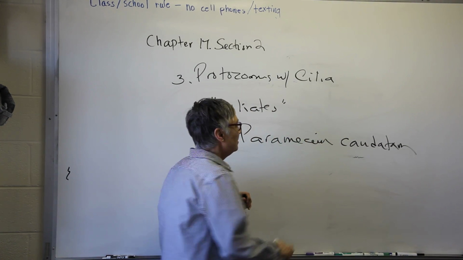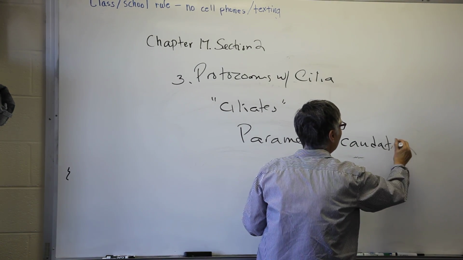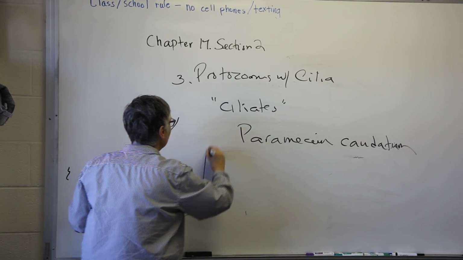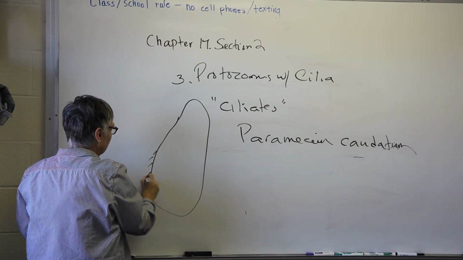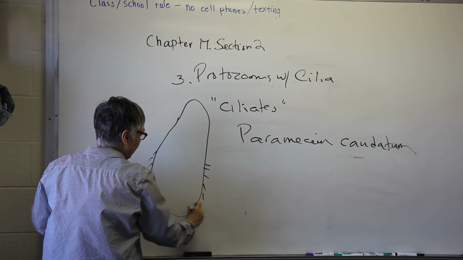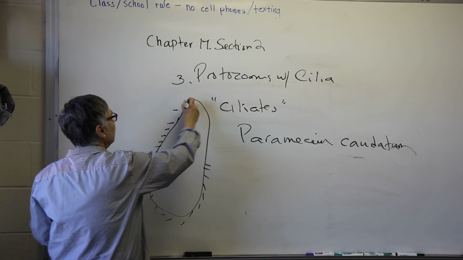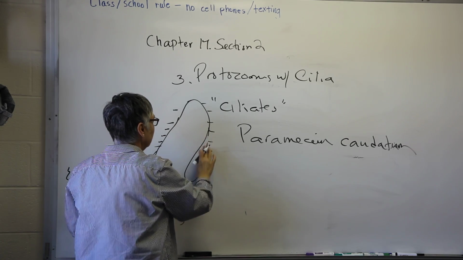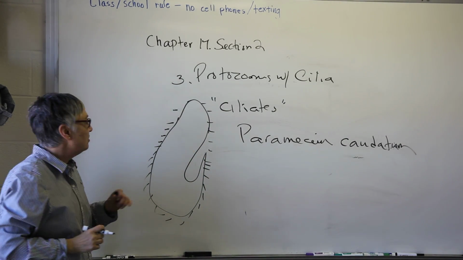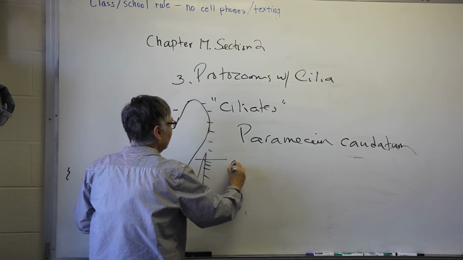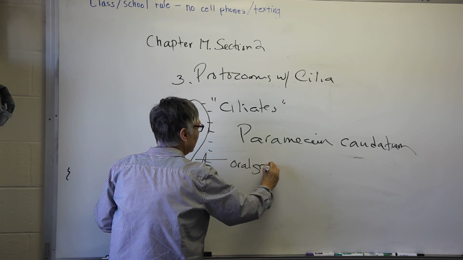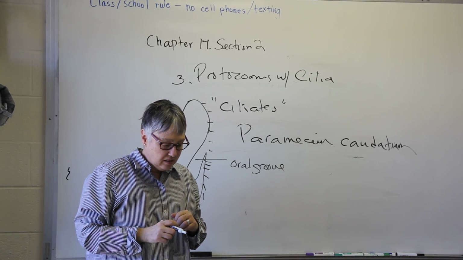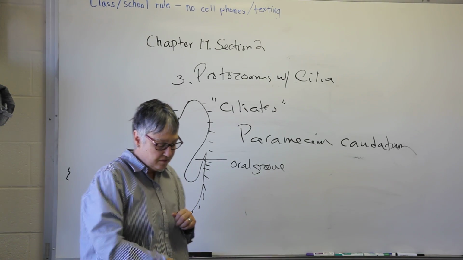And there's one species called Paramecium caudatum that's fairly common. This is an organism that's completely surrounded on the cell membrane with cilia. It has a structure that's called the oral groove, and this is where food substances can enter the organism.